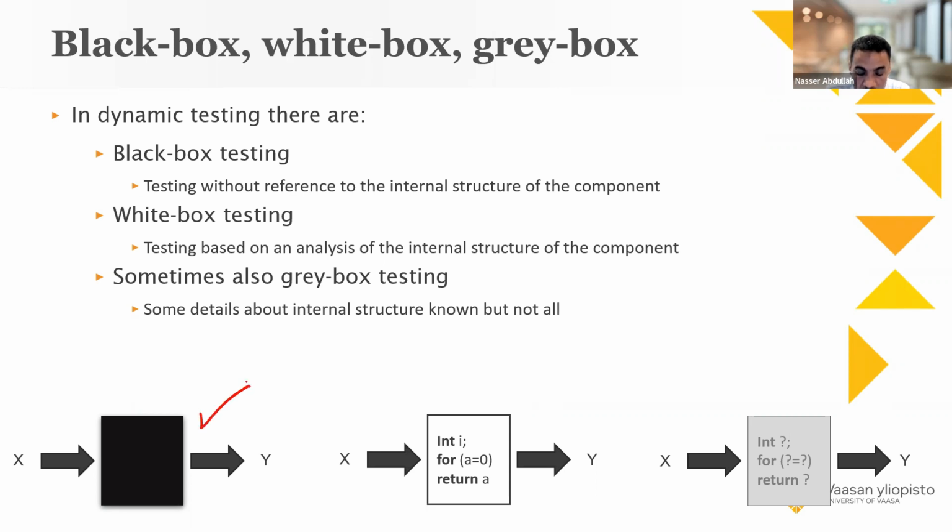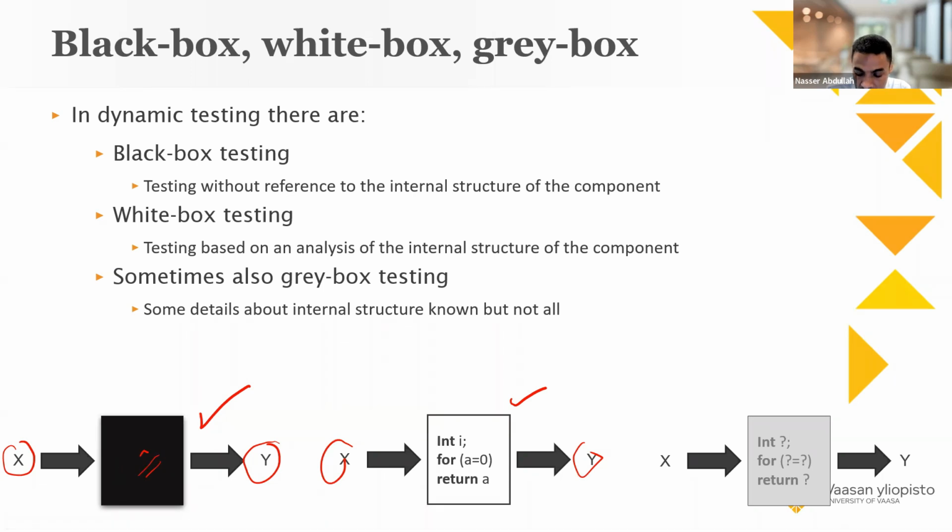So we have black box testing and white box testing. In black box testing, we key in some data and see the output. Even in gray box, we key in the data and see the output. Here, you don't know anything about the code; there's no need to know anything about the code.